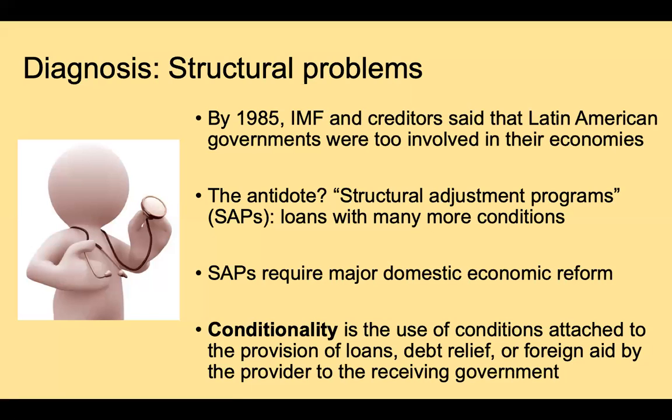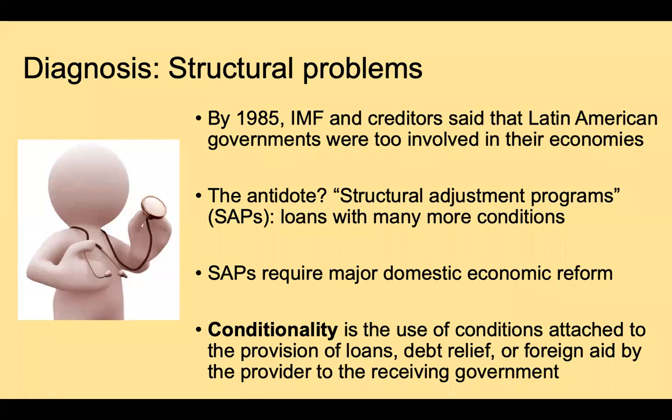Structural adjustment programs constituted approaches to withdrawing the state from the economy and adjusting the role of the state so that it no longer actively intervenes in the economy, but merely supports private economic activity and functions as a referee that holds the institutions and the policies of a free market in place. And these structural adjustment programs would require major domestic economic reform.